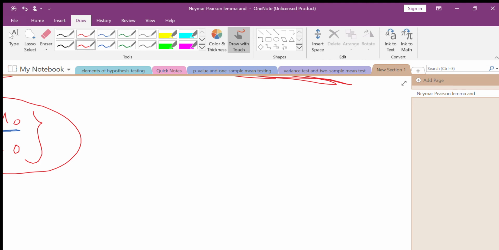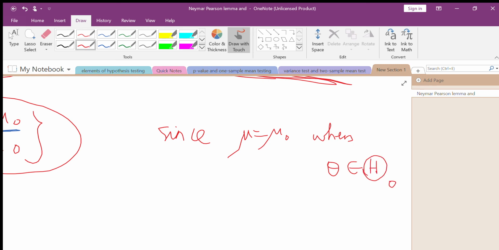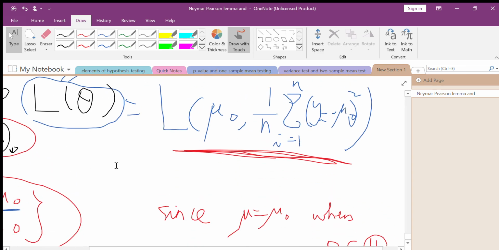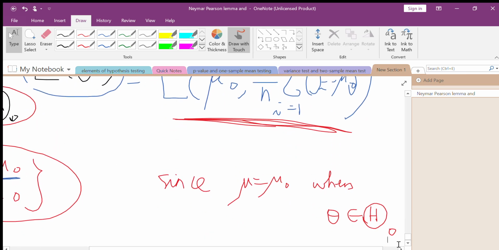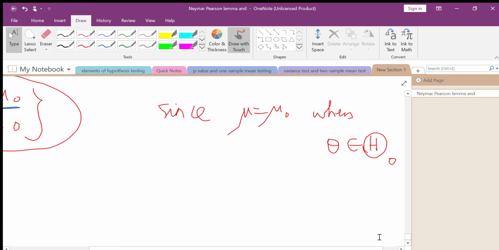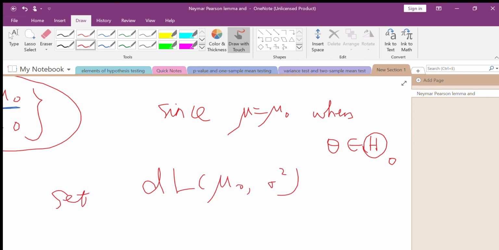How to get this result is actually, since mu equals mu_0, theta is in the null parameter space, and to find the sigma that maximizes the likelihood function, we set the derivative of L(mu_0, sigma squared) with respect to sigma squared to 0.